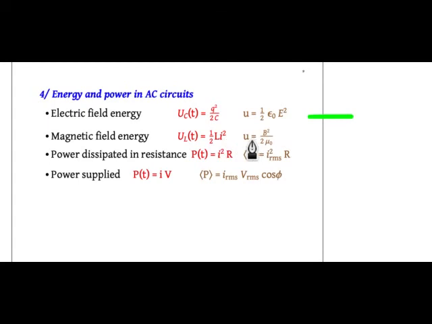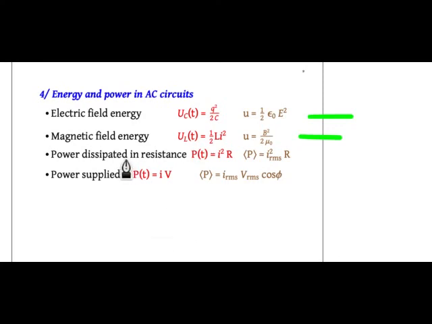Now the energy density of a magnetic field is B squared over 2 mu 0. The electric field energy is proportional to E squared. The magnetic field energy is proportional to B squared. And again, if you take the energy density, multiply by the volume of the solenoid, you get the energy in the inductor.